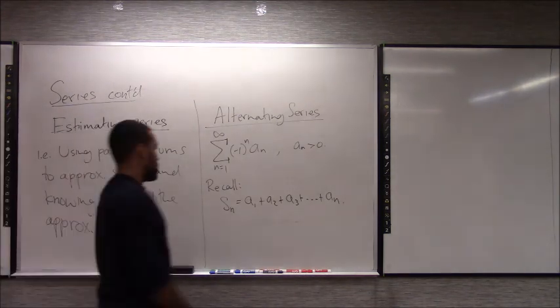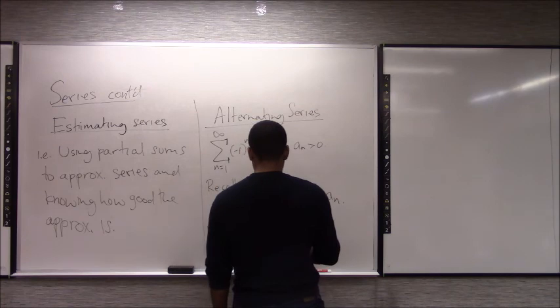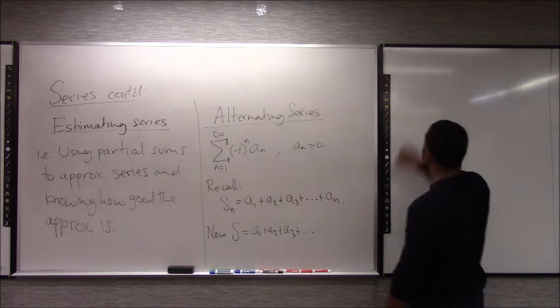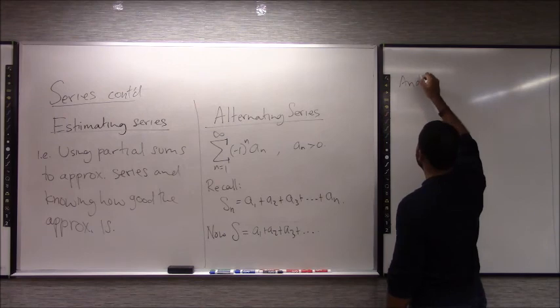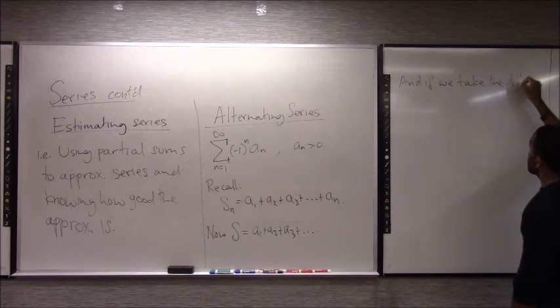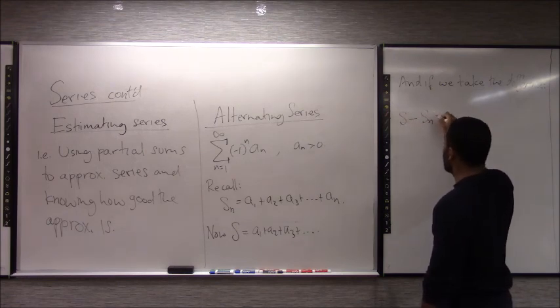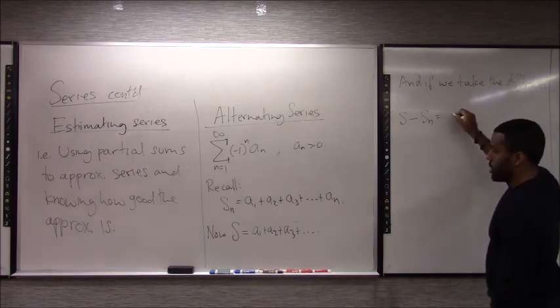Now, the entire series is going to be a_1 plus a_2 plus a_3 plus, going on forever, and if we take the difference between the two, so I take S minus S_n, this is going to be equal to pretty much every term that's left over after I subtract this from that.